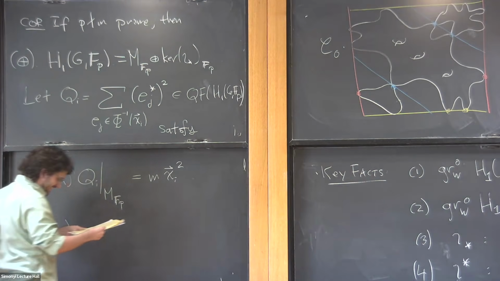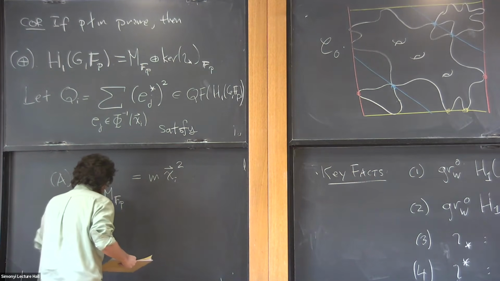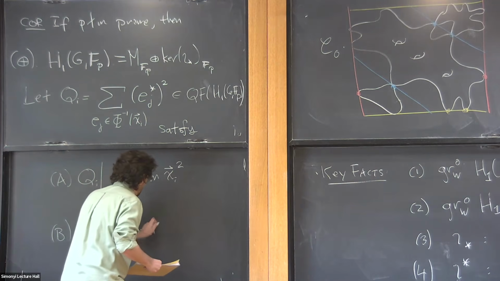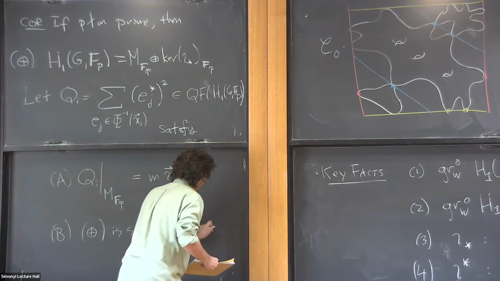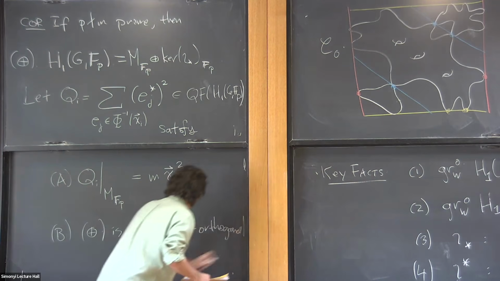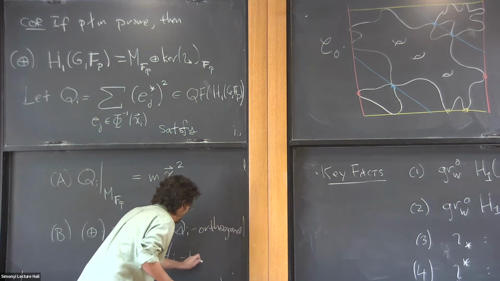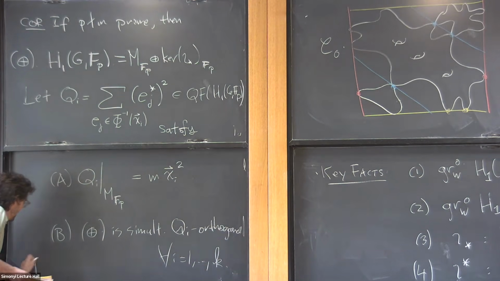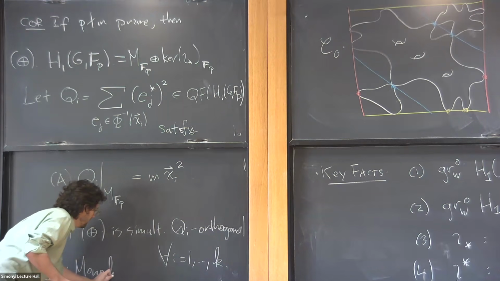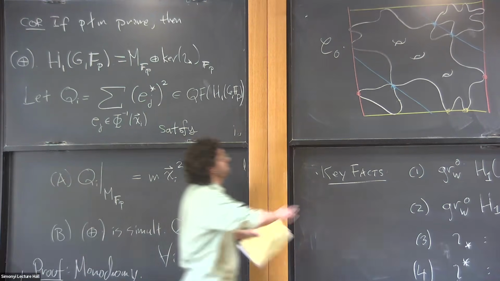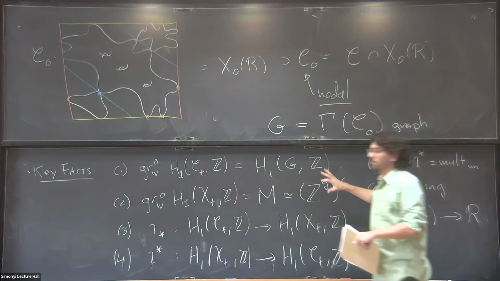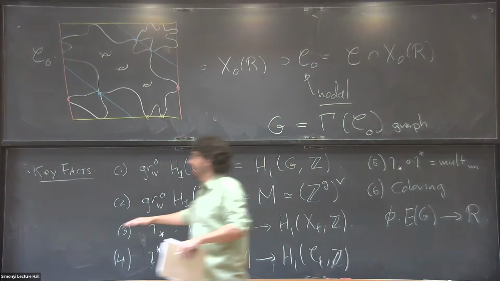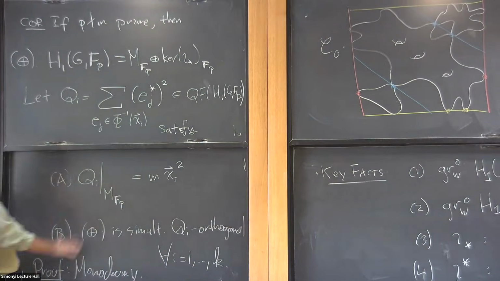That's the first condition, and the second condition is that the direct sum decomposition is simultaneously Qi-orthogonal, for all i equals 1 to k, the elements of the matroid R. And the proof that you have these is monodromy. The point is that the monodromy of the degenerating family of curves is compatible with the monodromy of the degenerating family of abelian varieties, and out of the compatibility of monodromy, you extract these things.